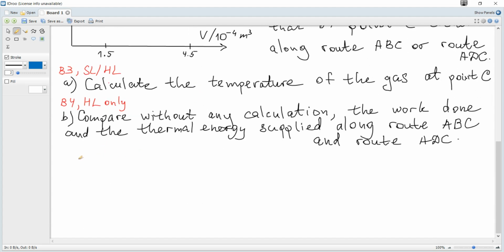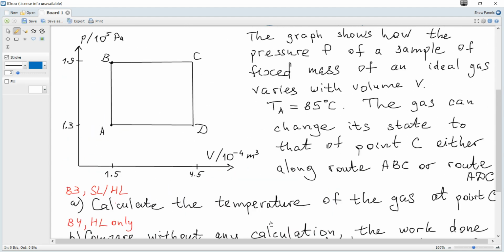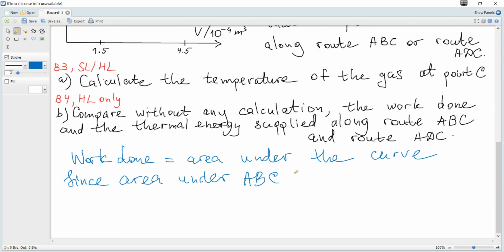So we can say that work done is equal to the area under the curve, and since the area under ABC is greater than the area under ADC, then work done for ABC is greater than work done for ADC.